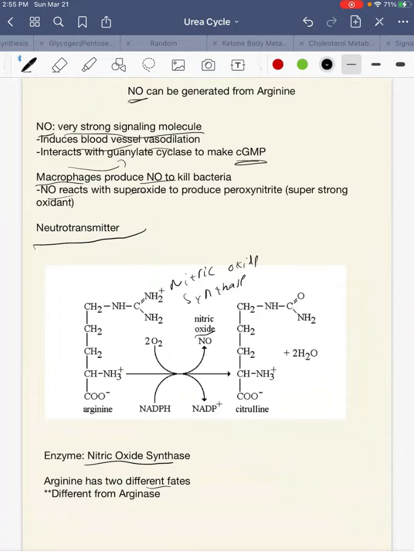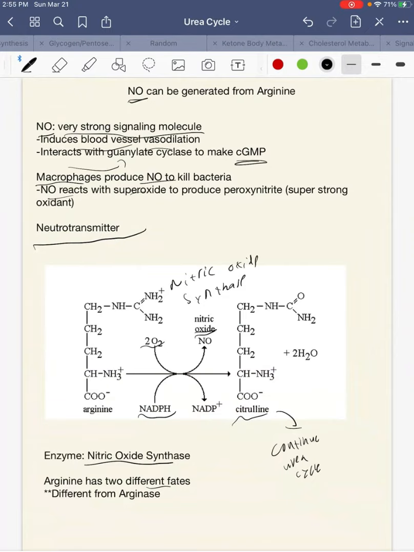So nitric oxide synthase uses NADPH. Using oxygen, we make nitric oxide. We also make citrulline. So citrulline can continue into the urea cycle. And then the same arginine can also run through arginase, and then it can be converted to ornithine. And instead of nitric oxide, we have urea instead.